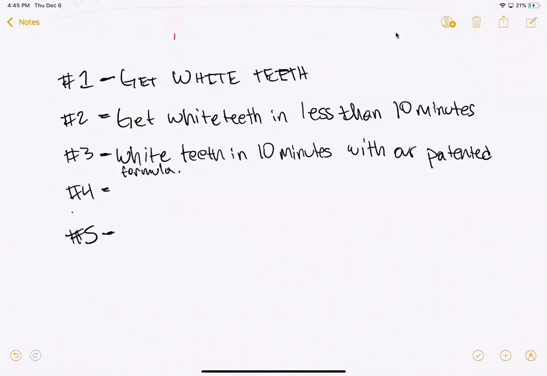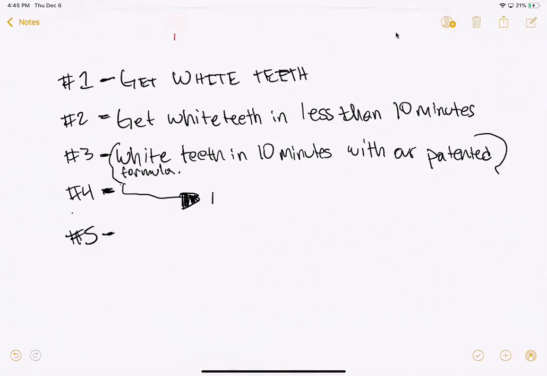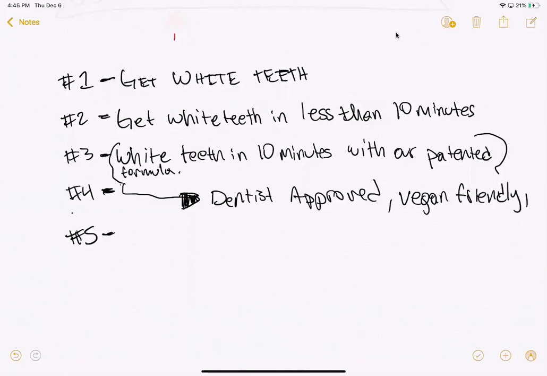And then stage 4 is like what you've probably seen, which is this whole same claim right here, but added to it, I'm not going to rewrite it all, added to it is dentist approved, just all this random stuff, vegan friendly, all natural, right? So they're further enlarging on their patented formula, which is their mechanism, by saying that it's dentist approved, vegan friendly, and all natural.